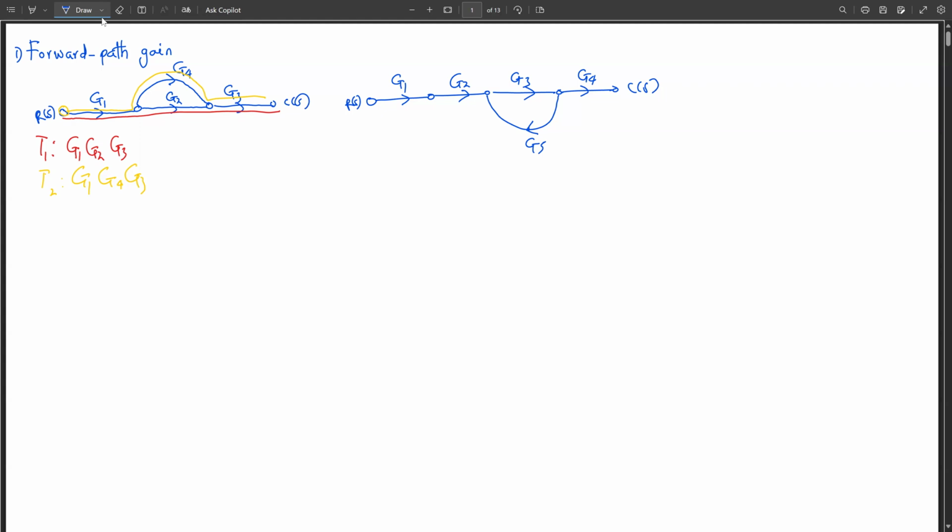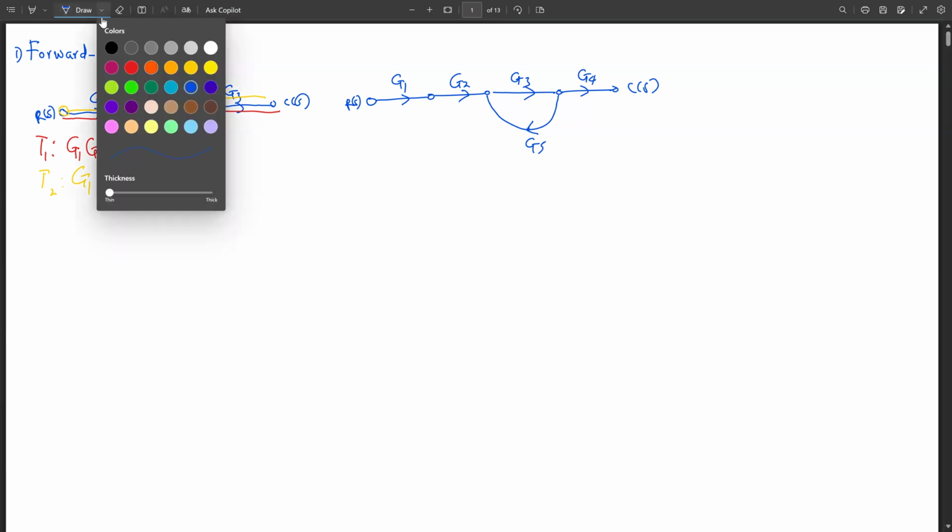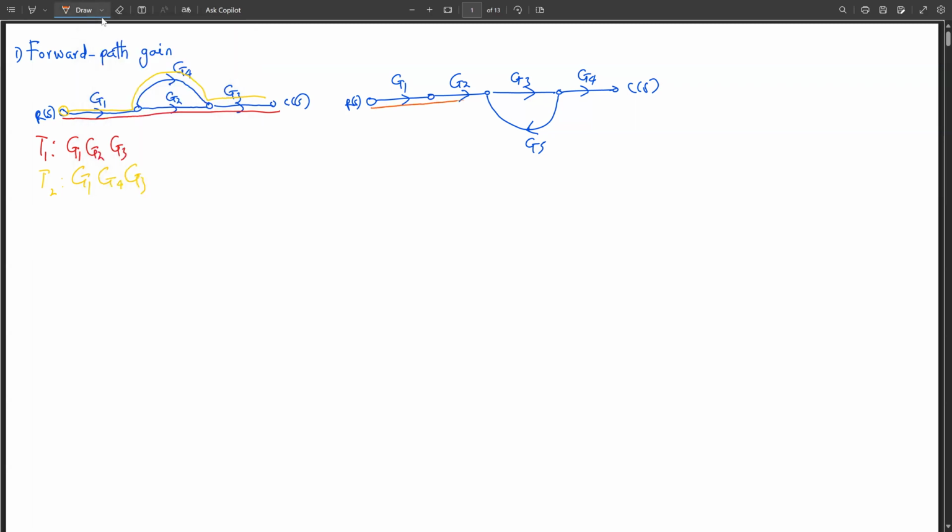But this path right here can't be a forward path, because you have the input node coming in this way, and since the direction of this branch is in this direction, it means that we can't go from the input to the output, right? So this path does not qualify to be a forward path. Hence, there's no way you can find a forward path gain.